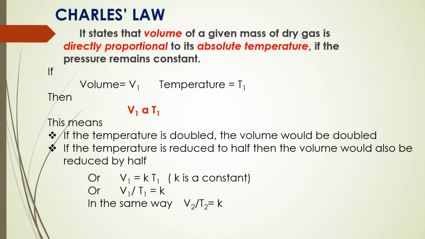In the same way, for another volume at another temperature, V2 and T2, V2/T2 will also be a constant. Whenever we divide volume by temperature at constant pressure, we always get the same value. Therefore, V1/T1 = V2/T2 = constant. This is the relation used to solve different numericals based on Charles' law.